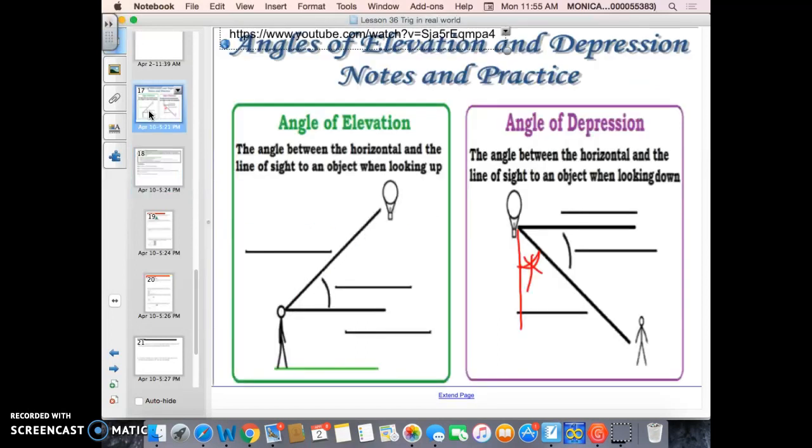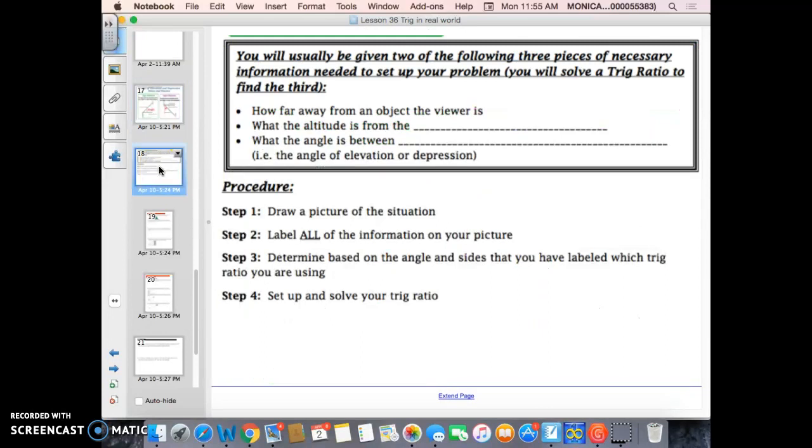So your steps are that, so this is the angle here, and this would be the distance from, right? And the other one's the altitude. So you want to draw the picture of the situation, label all the information, and determine, based on the angle and size that you have, label which trig ratio you're using, and then set up and solve your trig ratio.